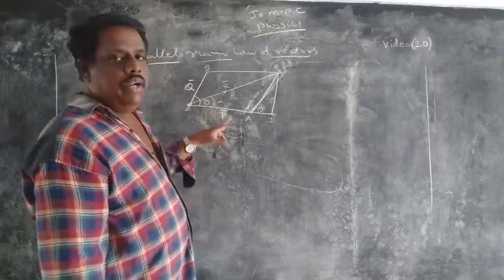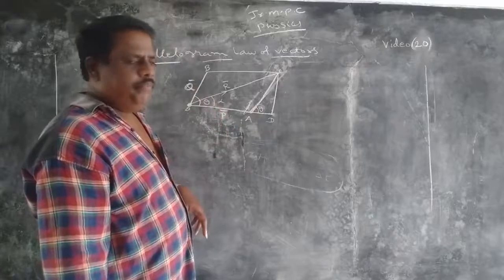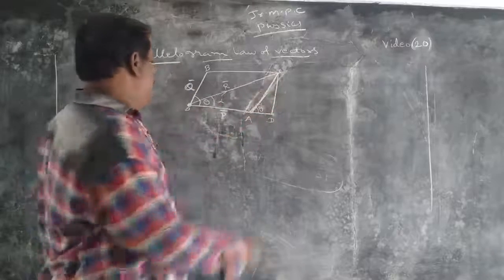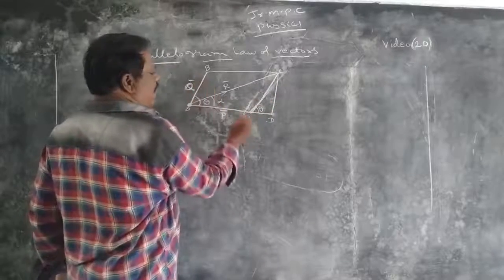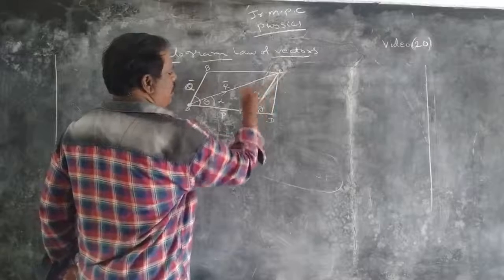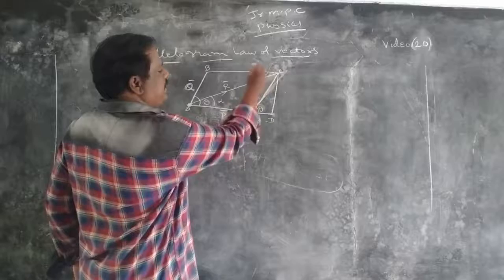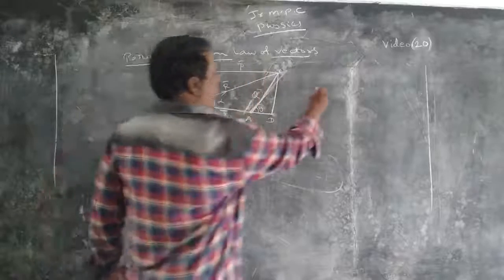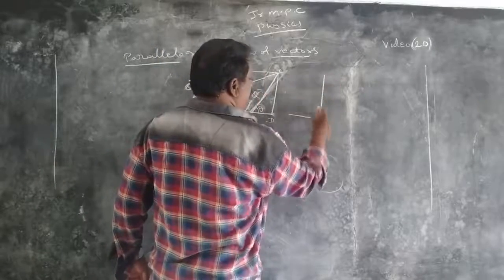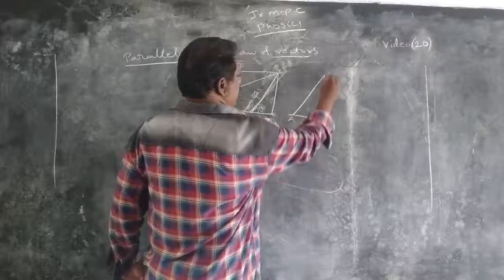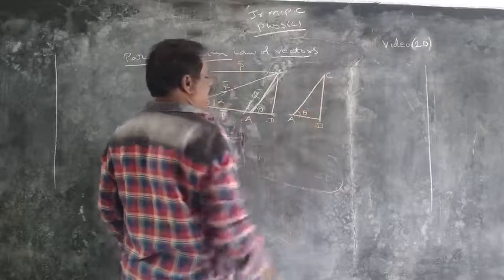To find the resultant R, first we have to calculate the AD and AC values. If OB is Q bar, then AC is also Q bar. If OA is P bar, then BC is also P bar. See, this is the right angle triangle A, D and C. Here the angle will be theta.